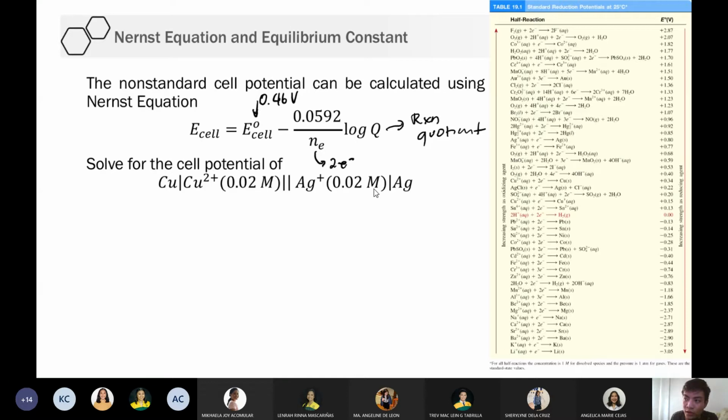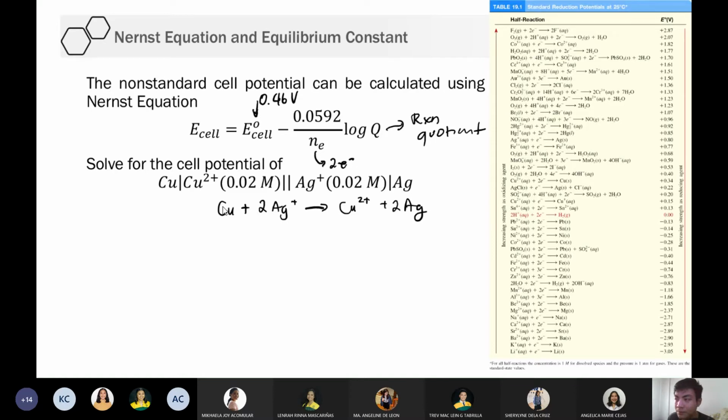So, if you convert this cell notation into an equation, which I gave earlier, ganito itsura nyon: Cu + 2Ag+ → Cu2+ + 2Ag. So, this is the balance equation, which I gave earlier, di ba?